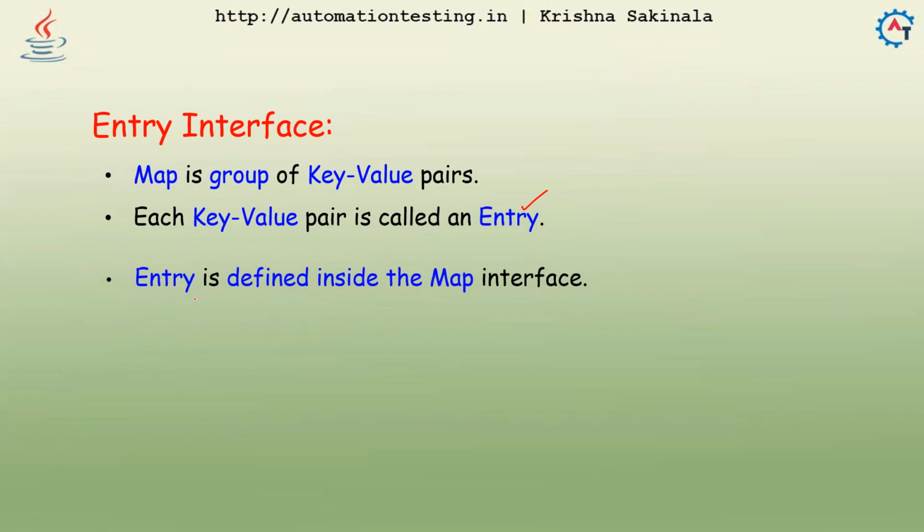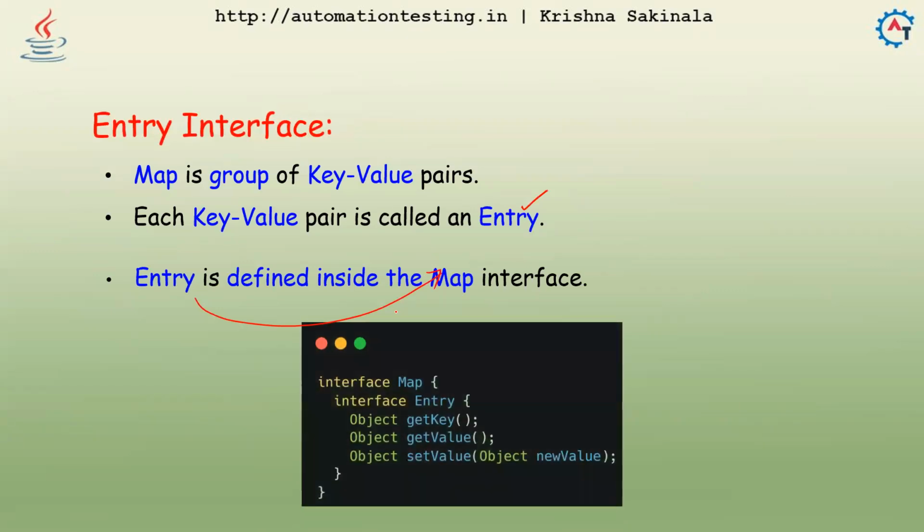If you see the diagram, you see the interface Map and related information. Then inside it, you have another interface called Entry. Inside that, we have 3 different methods: getKey, getValue, and setValue.